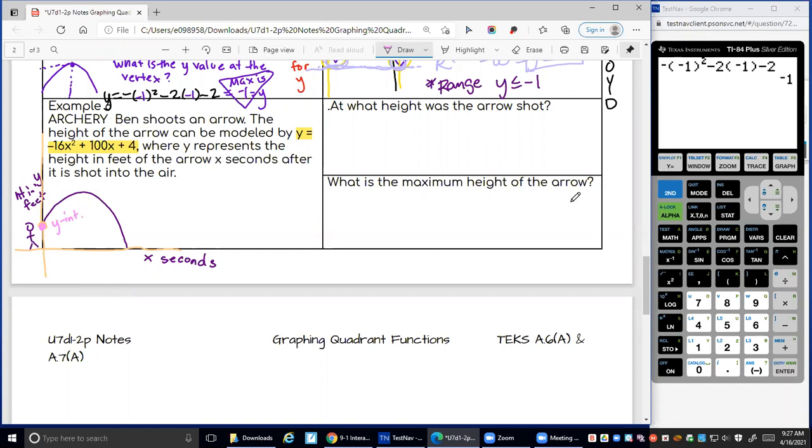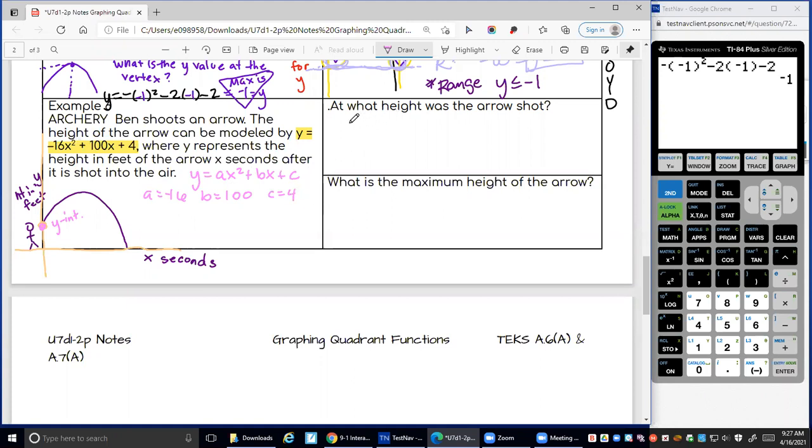And remember when we took notes earlier, we said the y-intercept, was it A, B, or C? It was C, right? And so if I do this, I got y equals ax squared plus bx plus c, and I actually write out my values. A is negative 16, B is 100, and C is 4.